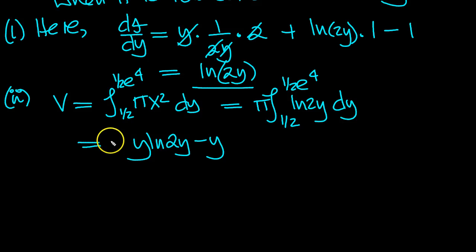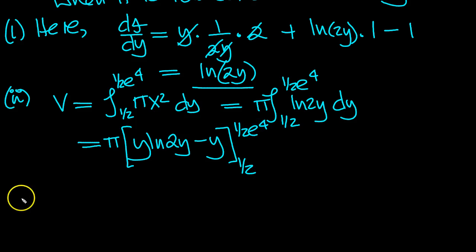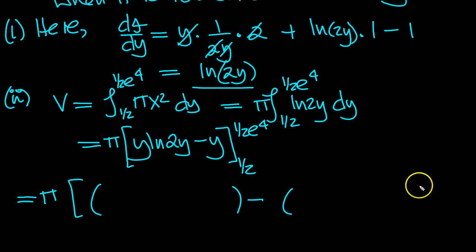So there's the integral. We times it by pi, of course, and we're going to evaluate that between a half and a half e to the 4. So we've got to be careful here. Pi, top value, take bottom value, and see what we get.